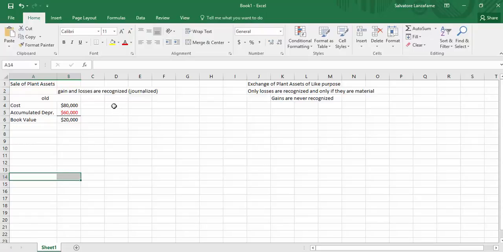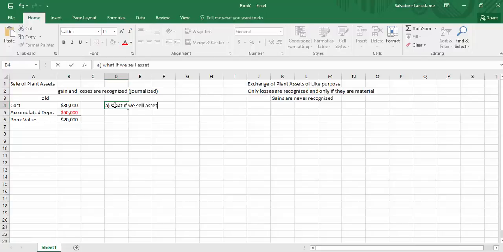And we're going to look at three scenarios, okay? Scenario A, what if we sell the asset for $20,000? B, what if we sell the asset for, let's go, $5,000?